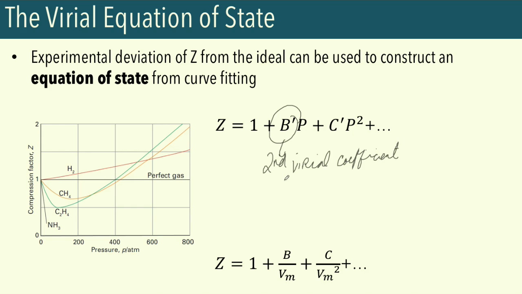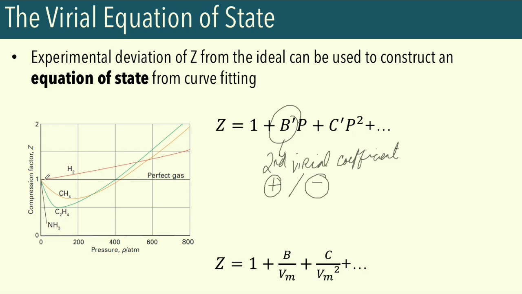B prime, our second virial coefficient, can either be positive or negative. This constant tells us something about the behavior of the Z curve at moderate pressures.